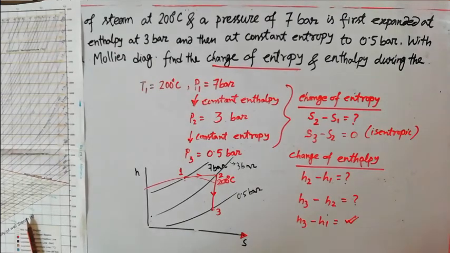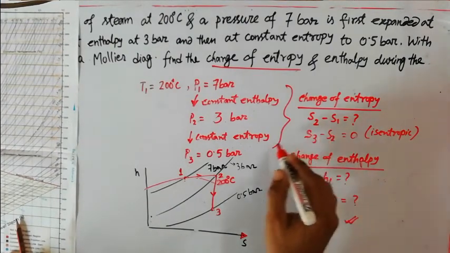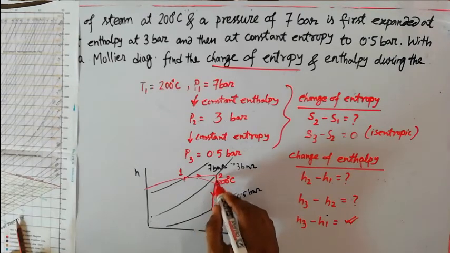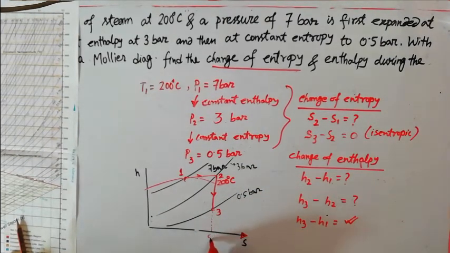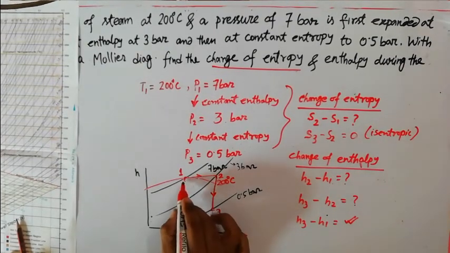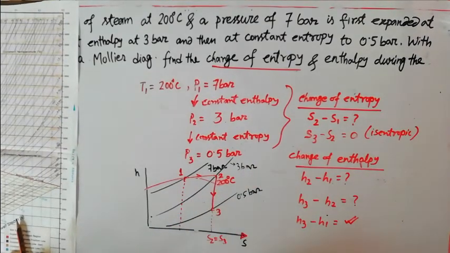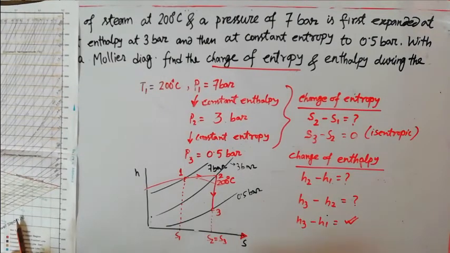Now if you want to find the change of entropy, you have to find S2 minus S1. If you project that line onto the entropy axis, you get the value of S2 as well as S3. They are the same. If you project the horizontal projection over here using a ruler, you get the value of S1.